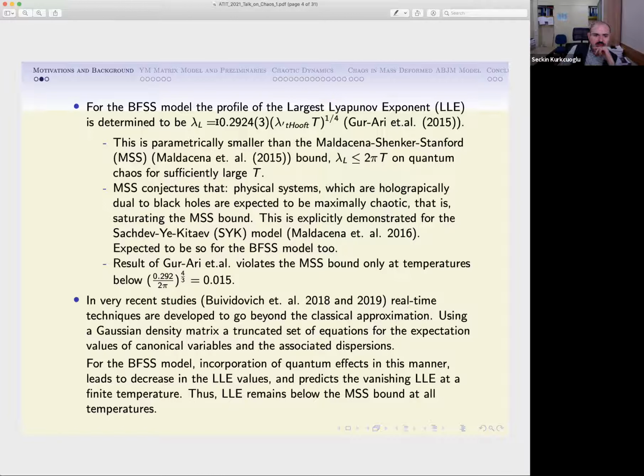And for example, you can compare this classical result of Gurari and look at this bound, and one sees that this classical analysis violates the MSS bound at temperatures below this critical temperature. So T to the power 1/4 is a plot like this.